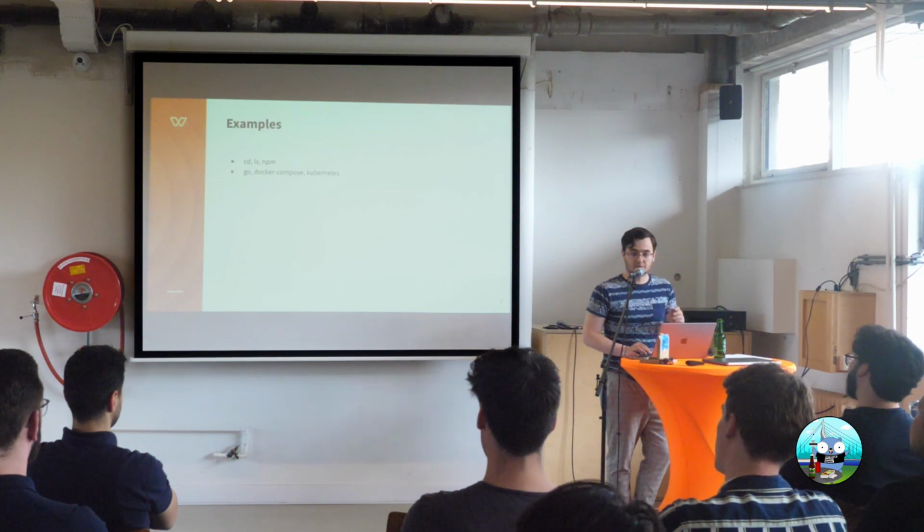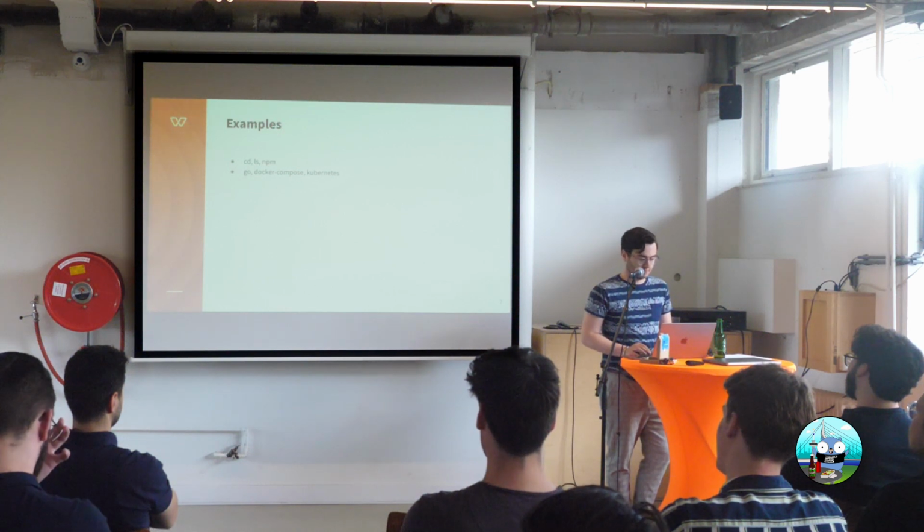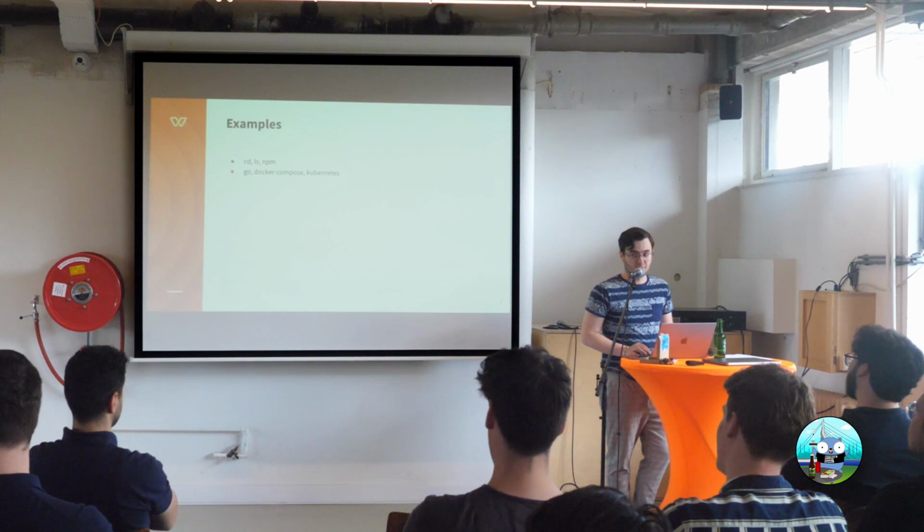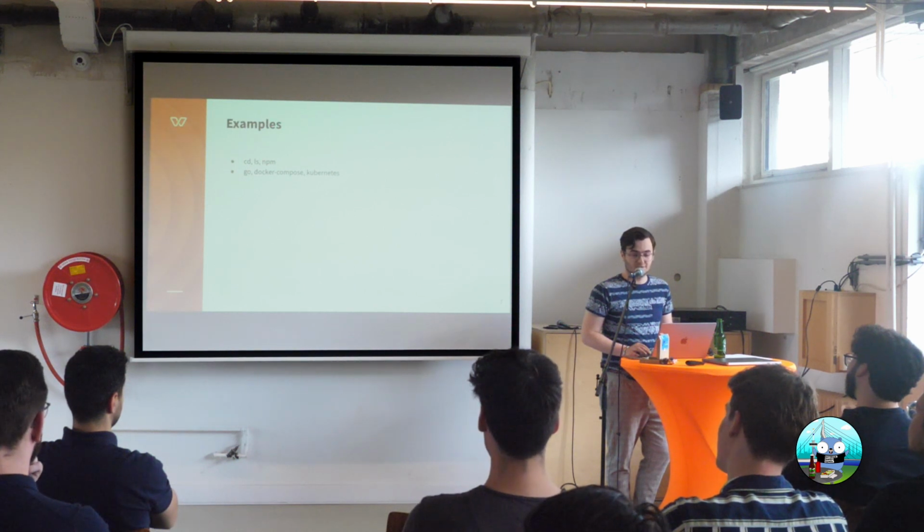First off, Go itself is a CLI. You can use it to run Go scripts, to build Go scripts, and to manage your packages. You might also know Docker Compose, which is used to compose Docker. And if you take that a step further, you get to Kubernetes, whose CLI is written in Go.